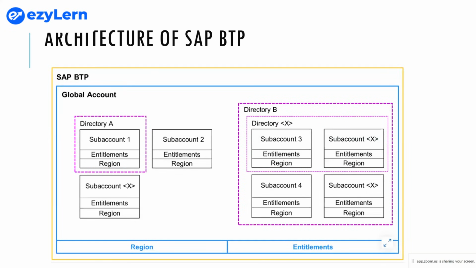Let's take an example of Reliance. For example, I am working in Reliance, I am the IT SAP BTP person who manages the complete umbrella of Reliance. This means I will be the global account administrator, and as Reliance has many different sectors, I call each one a directory.